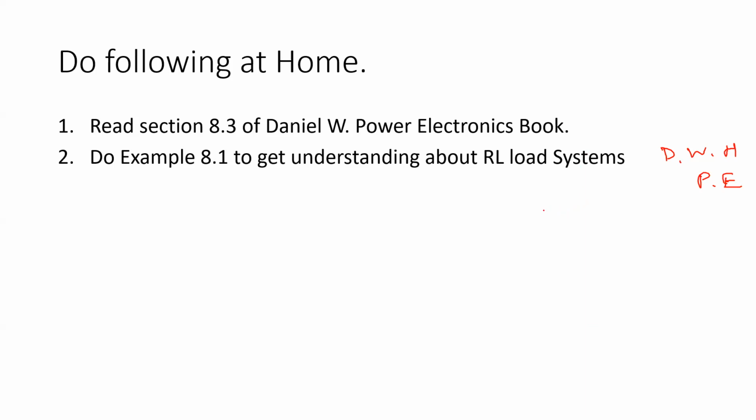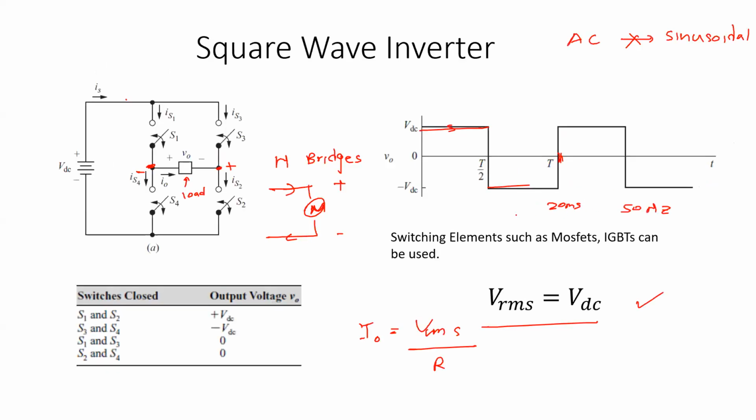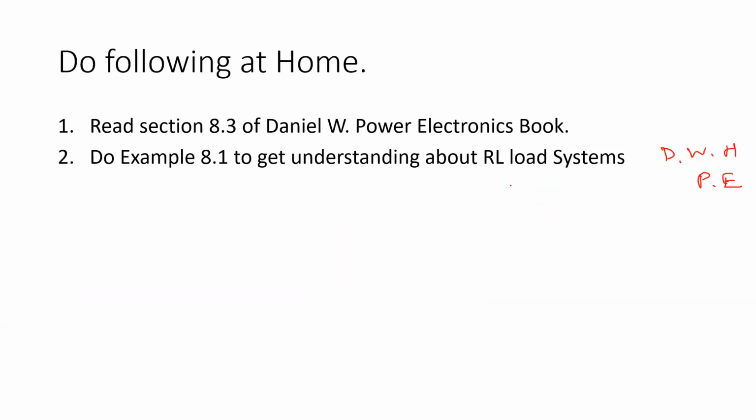We discussed that in the DC to DC converters lecture in the last day school. Same thing is happening here. There will be time constants and all. Get the understanding so you know how this square wave inverter works. This is enough for you to get the push to understand other things.